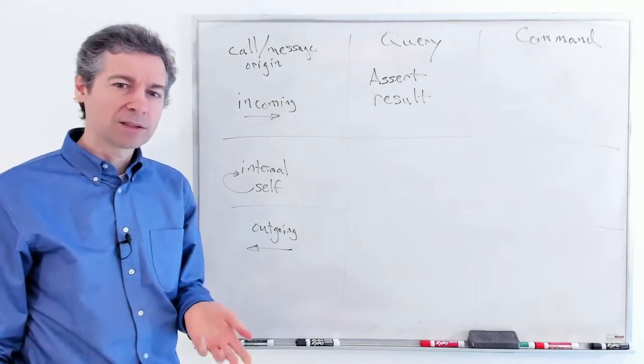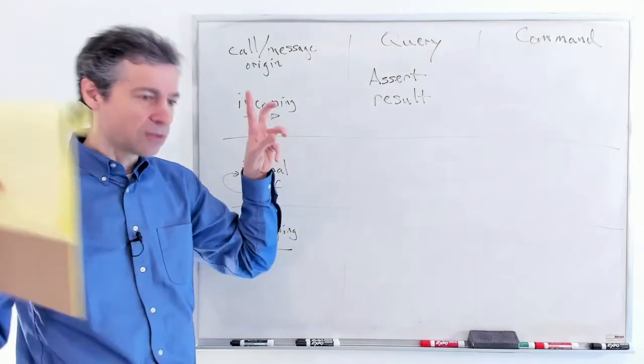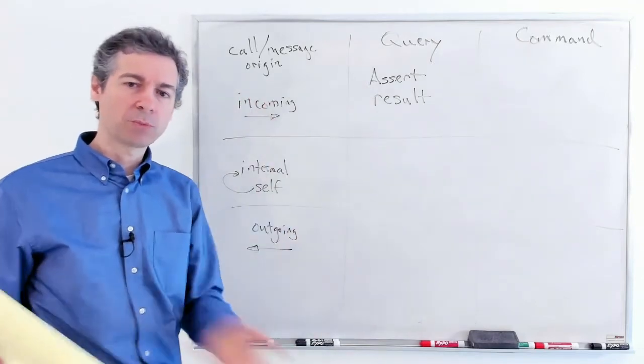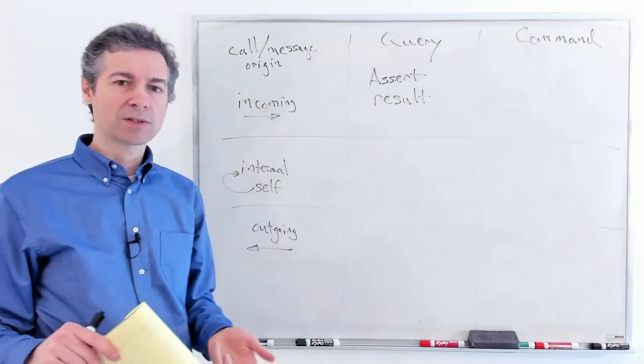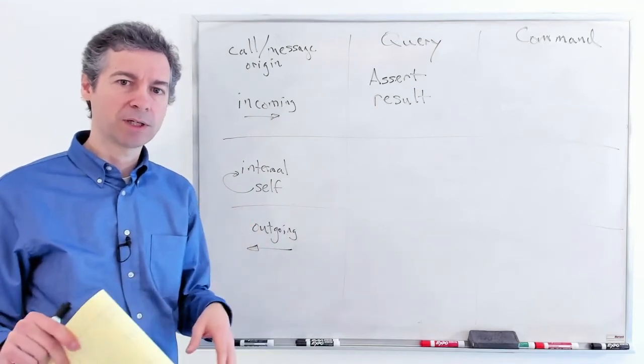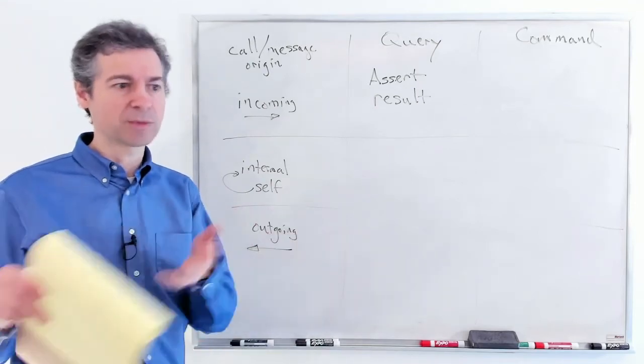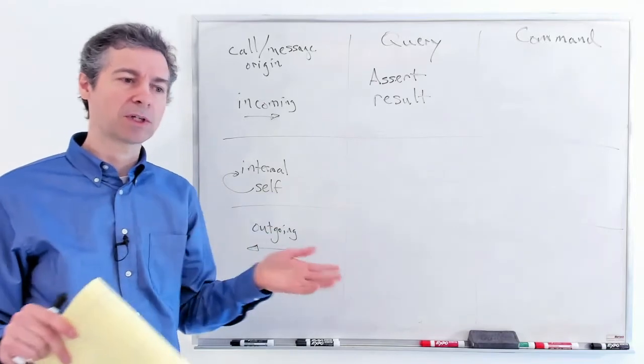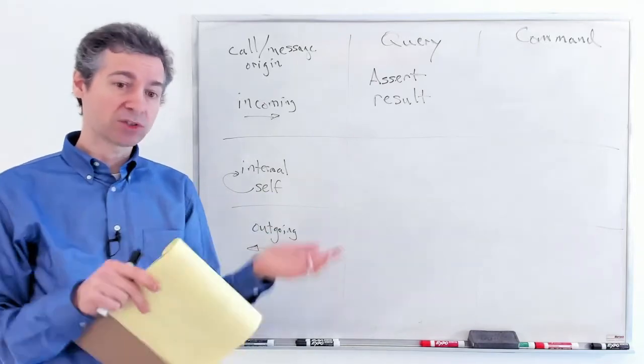But in fact, this asserting the result, whatever the result should be, only works in cases where it's very deterministic. We know exactly what's going to come back so that we can assert what it should be.